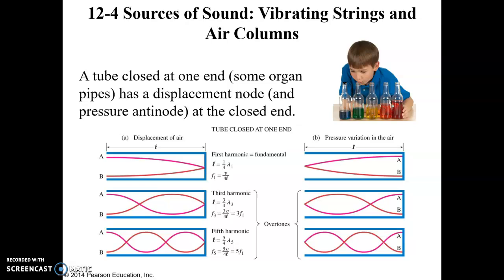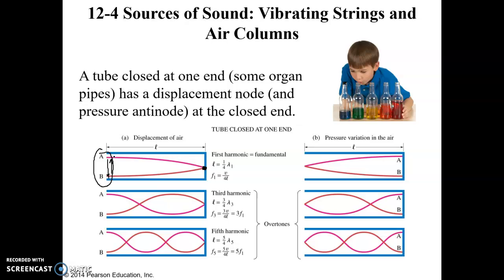Now the difference here is we still want to have an antinode at the open end. We want that wave to be fluttering up and down right at the opening. But at the closed end of the tube, we want to have a node rather than an antinode.